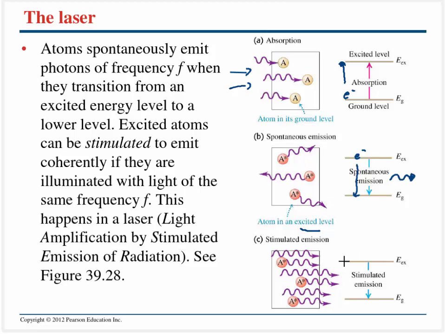Now, it turns out that if you have a whole bunch of electrons in this higher energy level, it's called a population inversion. Then if you were to seed this and just send in a wavelength of just the right energy, all of these electrons can jump on the bandwagon, so to speak, and we can stimulate them into emitting their own photons, and we can get a whole lot of light coming out of the end of this guy.